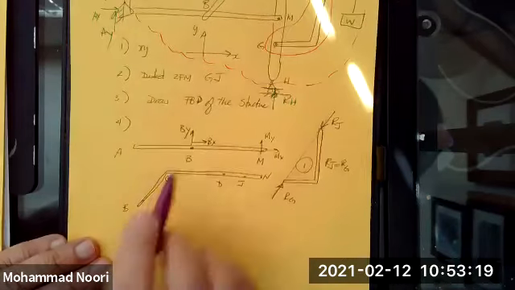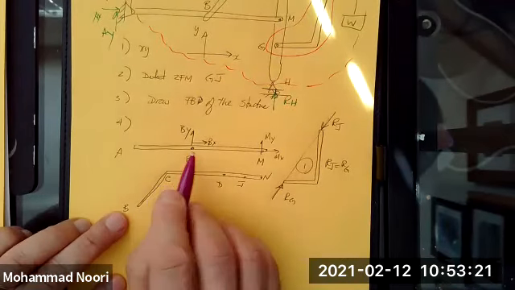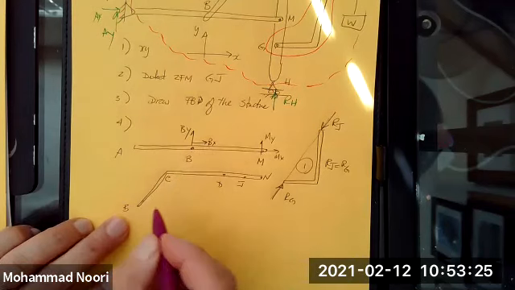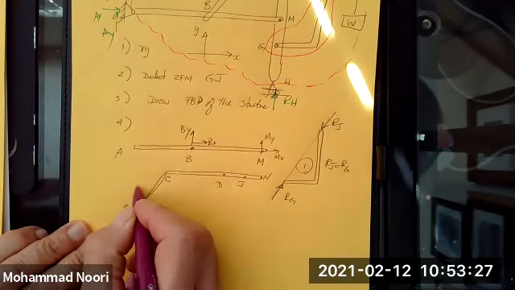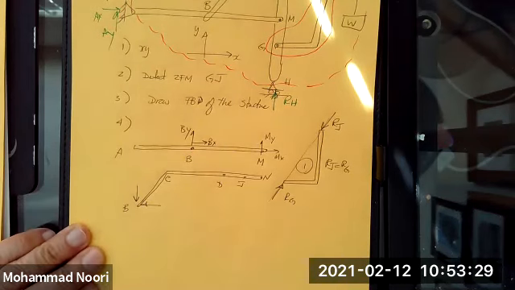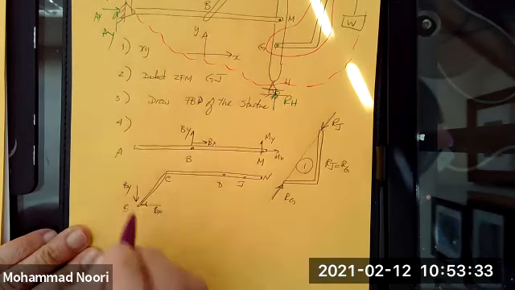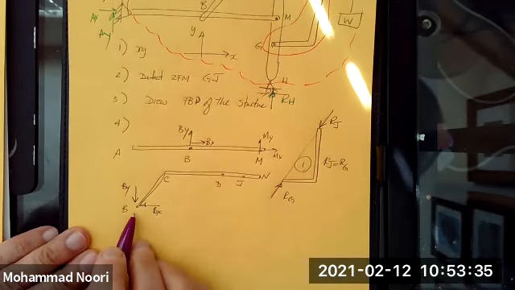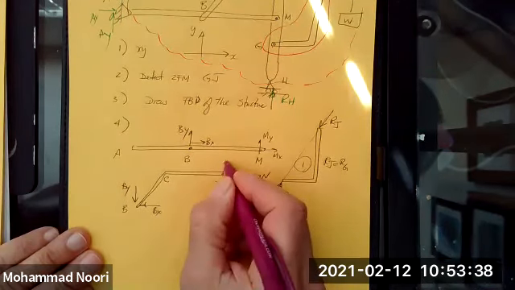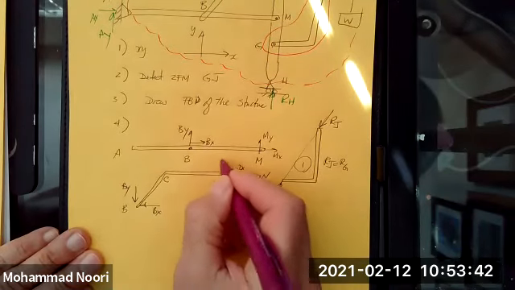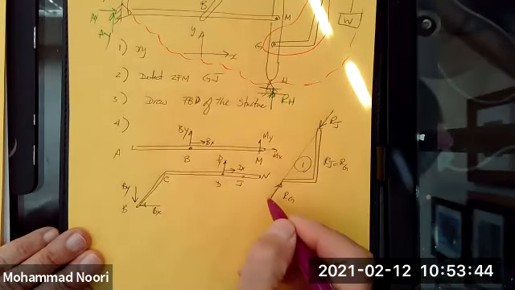So what do I have here? At B, forces acting on that member were assumed to be in that direction. So I need to follow the third law of mechanics and put these unknowns, which are the same unknowns, in the opposite directions. At D, I haven't considered the other member. So, okay, let's say this is DY and DX.